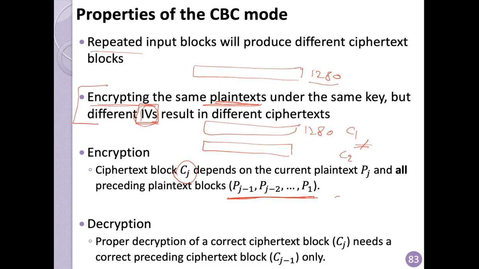So CJ is in fact a function of plaintext J, and plaintext 1 block before, J minus 1, plaintext 2 blocks before, and all the way to the first block of plaintext, which is very good. We are making a great dependency between the blocks.